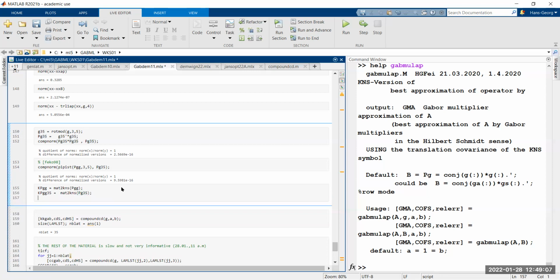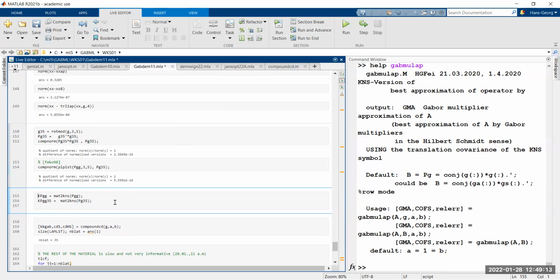And then the claim is that they are just obtained by shifting one by the other. So I'm making a comparison of the norm between the Kohn-Nirenberg symbol of the projection operator on the element from our Gabor family. Instead of 3 and 5, I could take 2a and 5b or whatever.